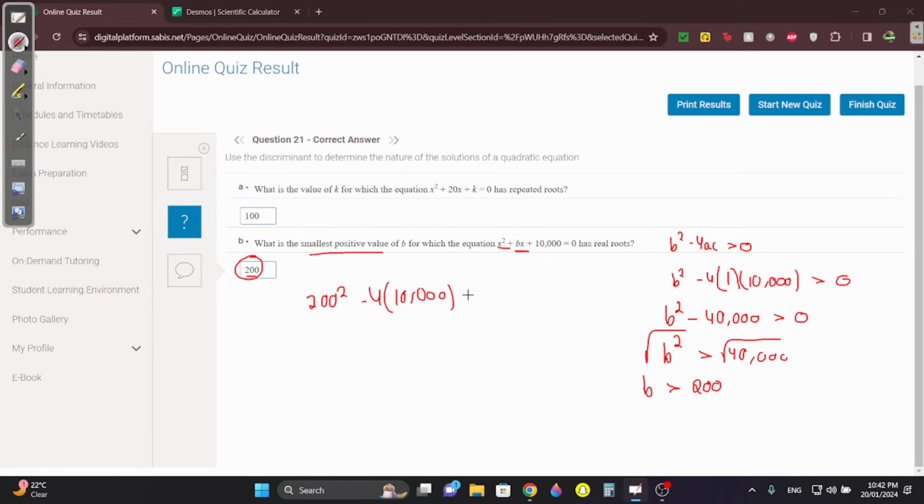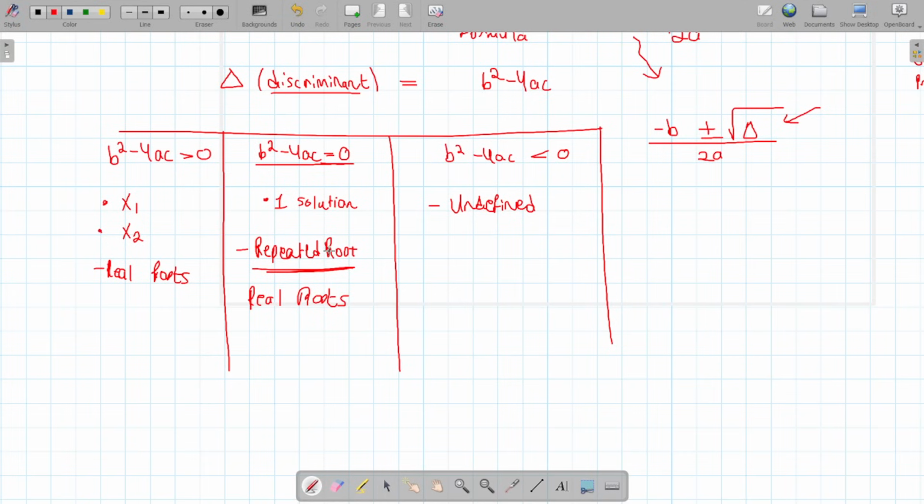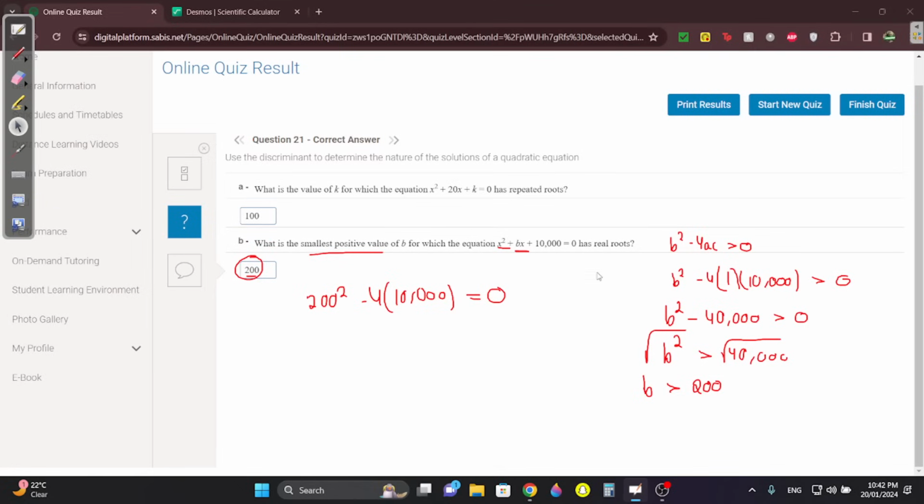If you plug in 200, you're going to get 0. And you're telling me, you said if it's equal to 0, it's repeated roots. But repeated roots means it's the same root repeated twice, and does that mean it's still real roots? Yes, of course it still means real roots. So that's why some people argue, since we're saying greater than 200, shouldn't it be 201?